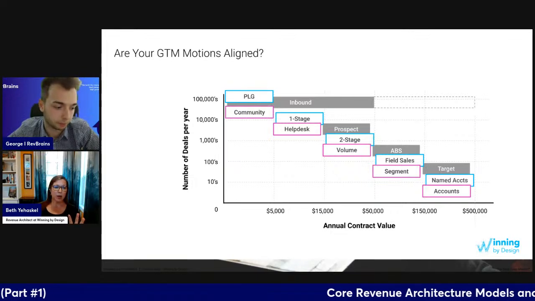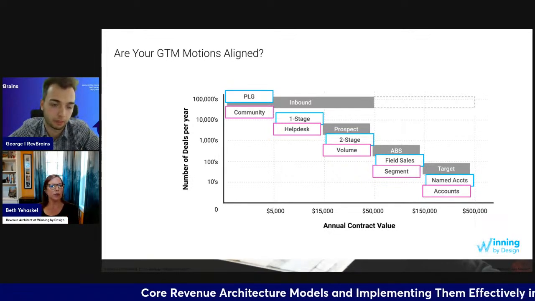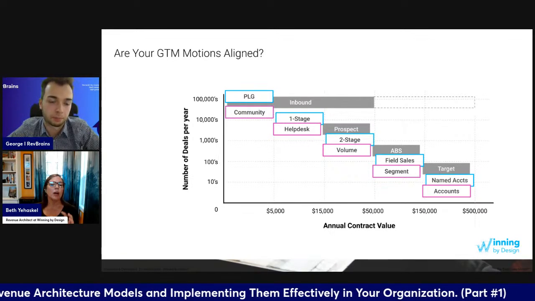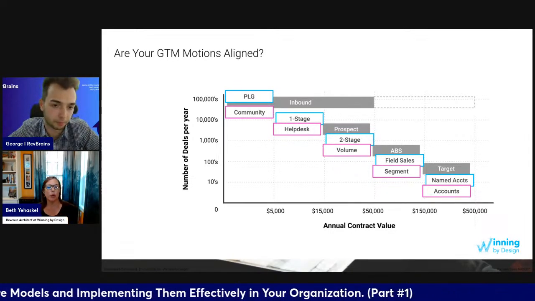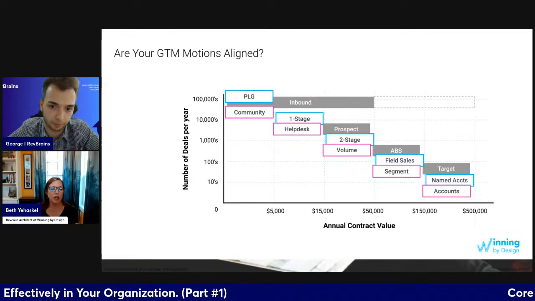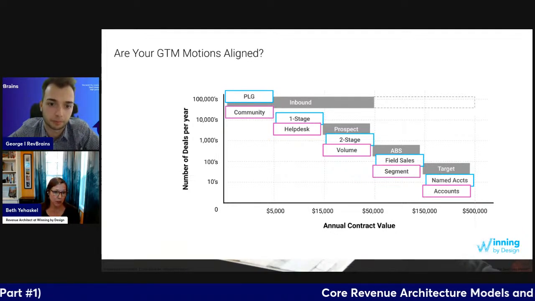So the biggest takeaway of the go-to-market model is not so much that you make sure you have exactly the right go-to-market motions for exactly the right American dollar values. But what you want to make sure is that you have the right go-to-market motions that are aligned with each other and appropriate for the spend that you are pulling in, and whatever you are spending for the things.